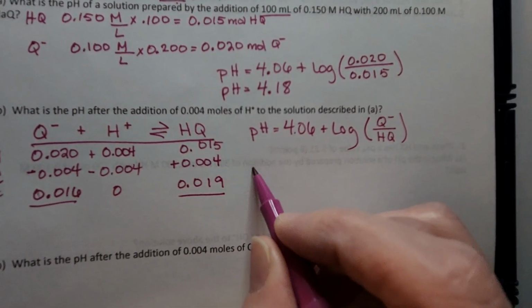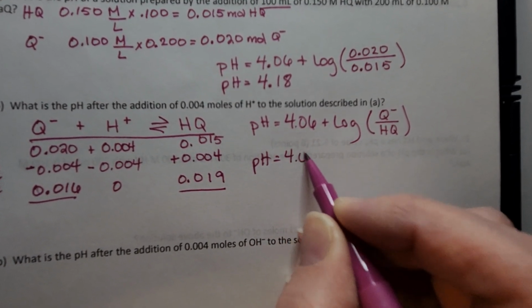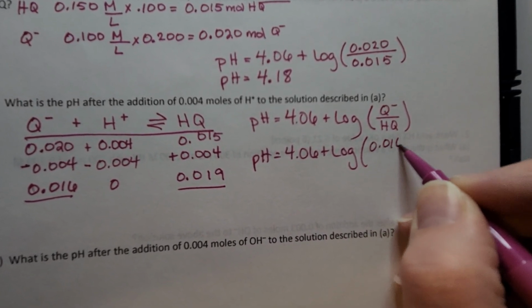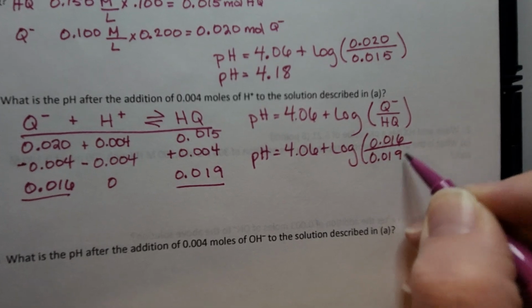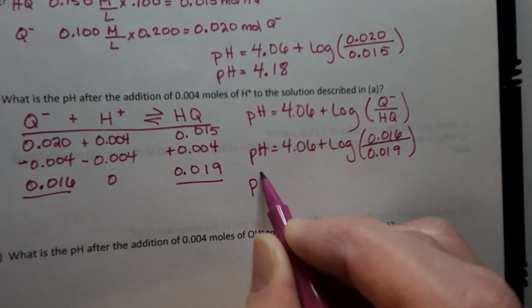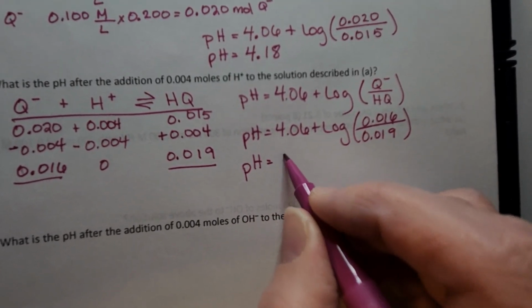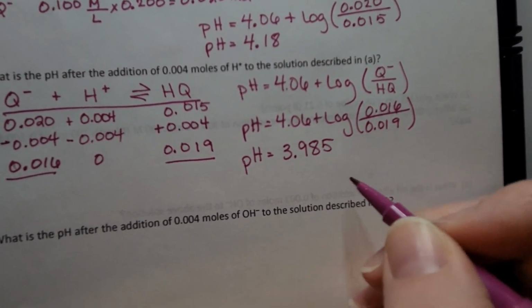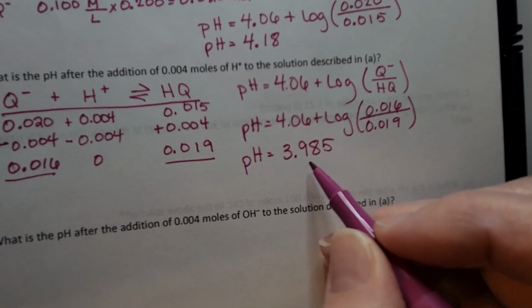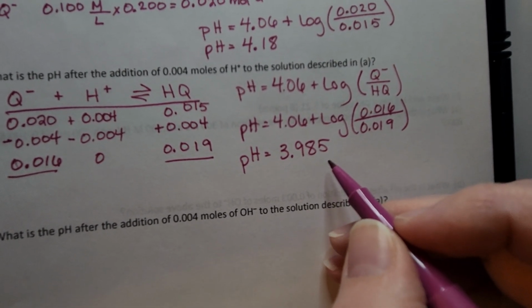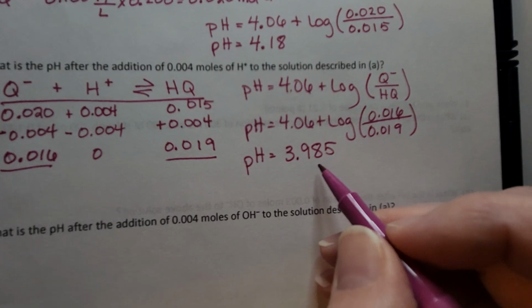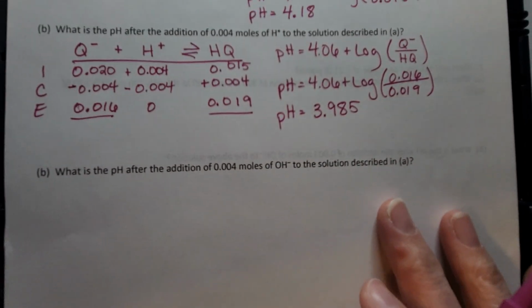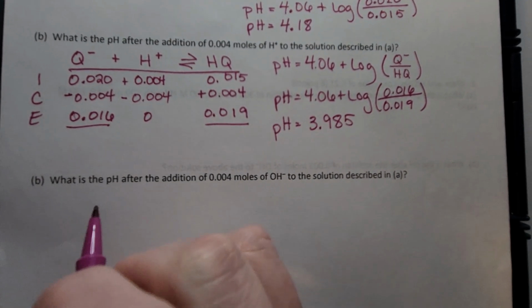It's just you've got different numbers now. And when you run that through the calculator, you're going to get a pH of 3.98. I got 3.985, which if you were rounding that up, that would be 3.99. But Dr. Butcher's key does say 3.98. He did not round up, so take that as you will on that one.